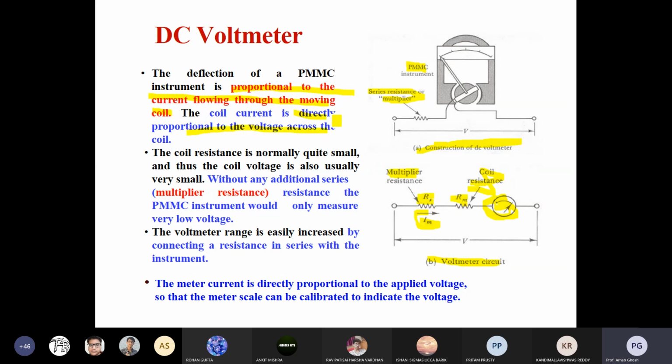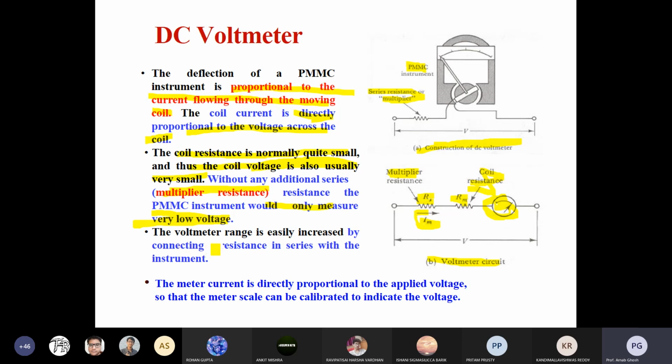The coil resistance is normally quite small, so the coil voltage is also usually very small. Without any additional series multiplying resistance, the PMMC instrument would only measure very low voltage. Are you getting my point? The voltmeter range is easily increased by connecting a resistance in series with the instrument.